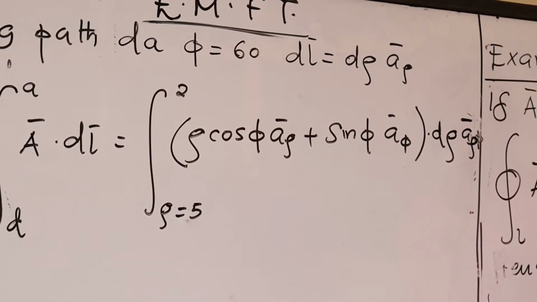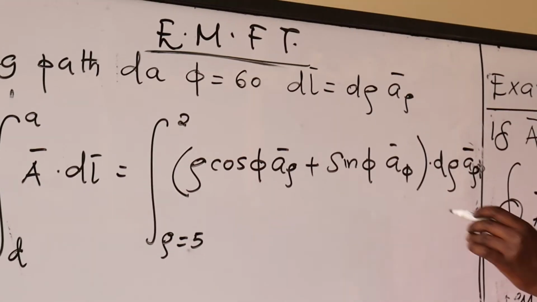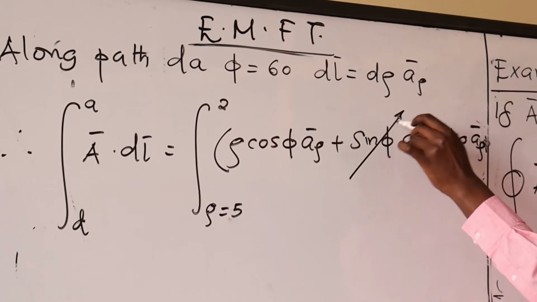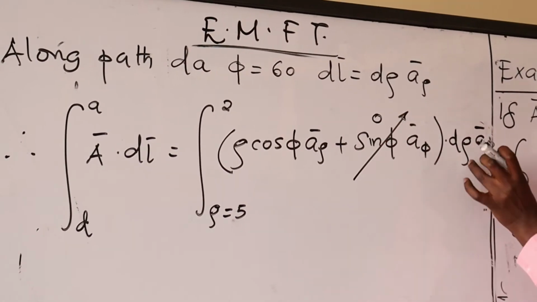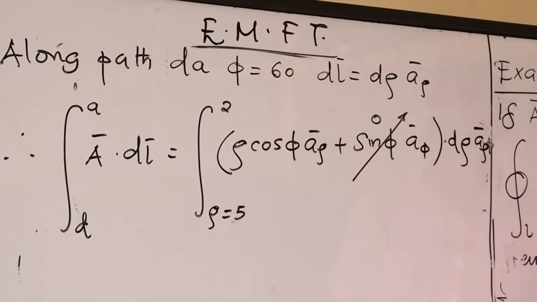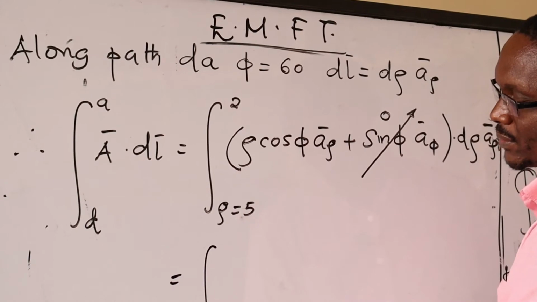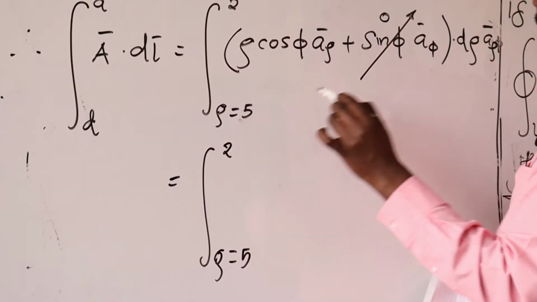So just like the other one, what disappears is this term, because A rho dot A phi gives you a 0, and I'll be left with this and that alone. So this translates into rho from 5 to 2.